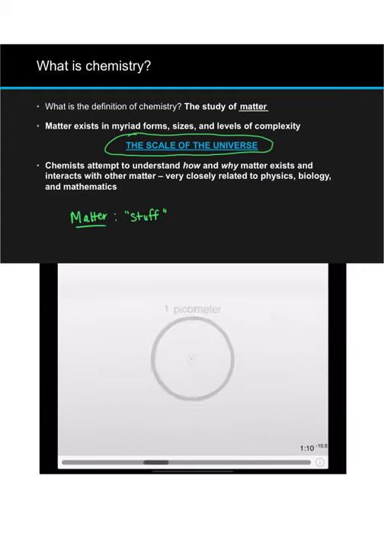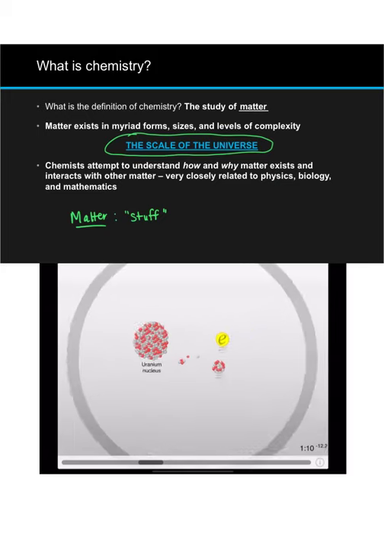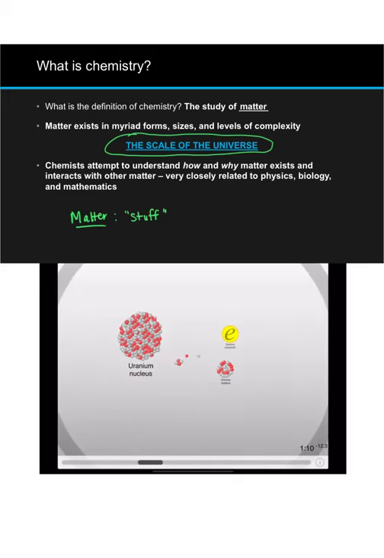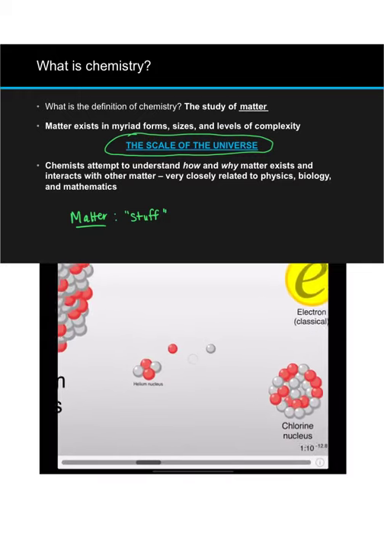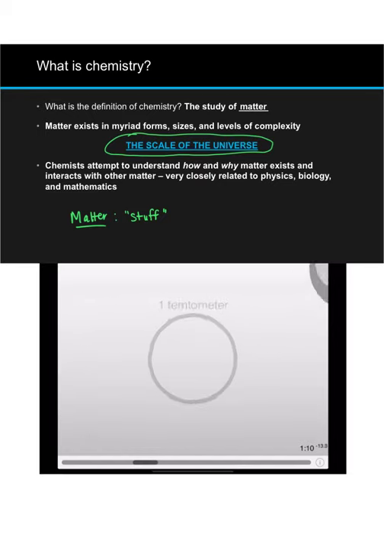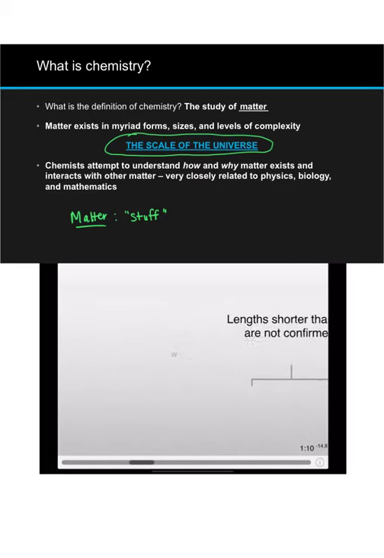As we continue to zoom in, eventually we start to see some of those subatomic particles, nuclei made up of protons and neutrons, and surrounded by electrons. As we continue to zoom farther and farther, we get to theoretical extents.